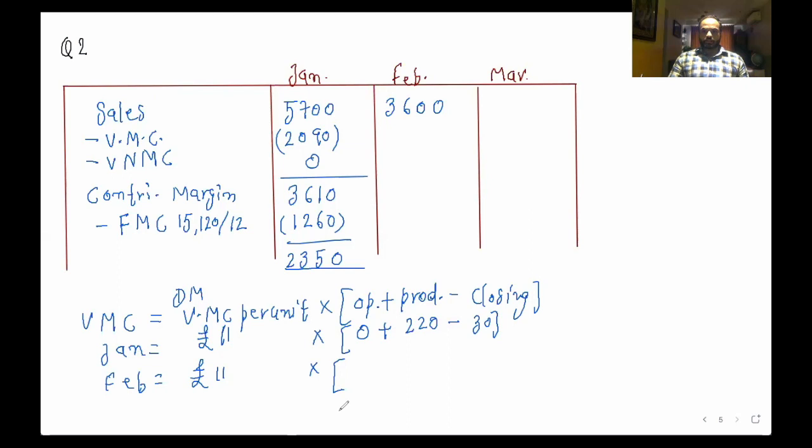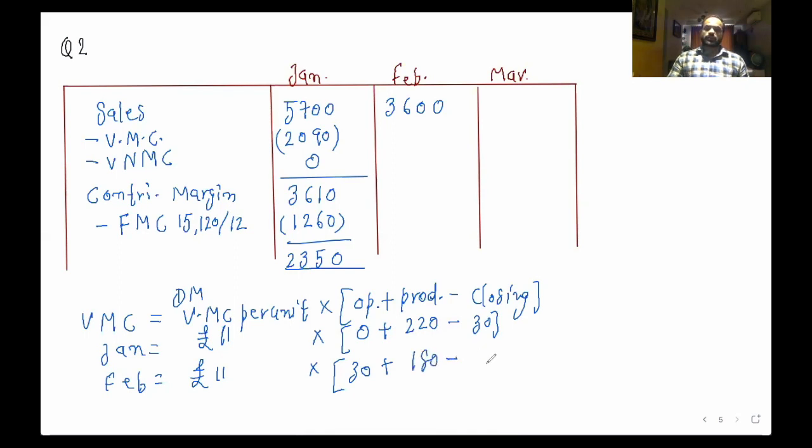For the month of February, how much is opening? 30 is opening, plus how many production? 180 is production.